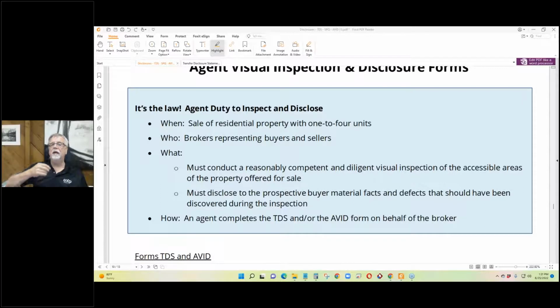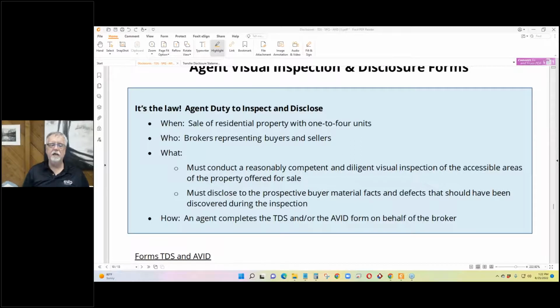If the listing agent gives their AVID to a buyer after the execution of the offer, the buyer has 5 days to cancel. If the buyer's agent gives an AVID to the buyer after execution of the contract, the buyer has no days to cancel. There's no cancellation right tied to the buyer's agent AVID. And that also says that in the RPA, which you already knew.